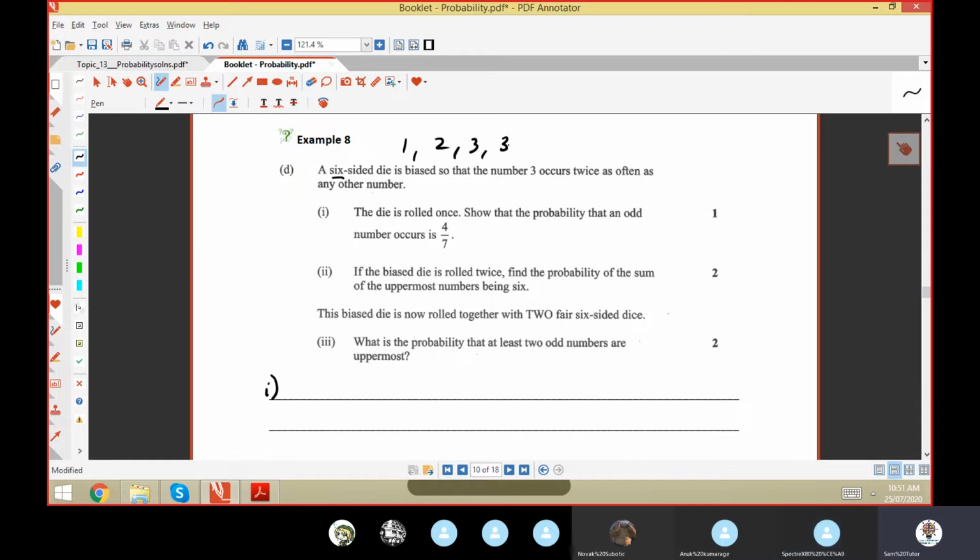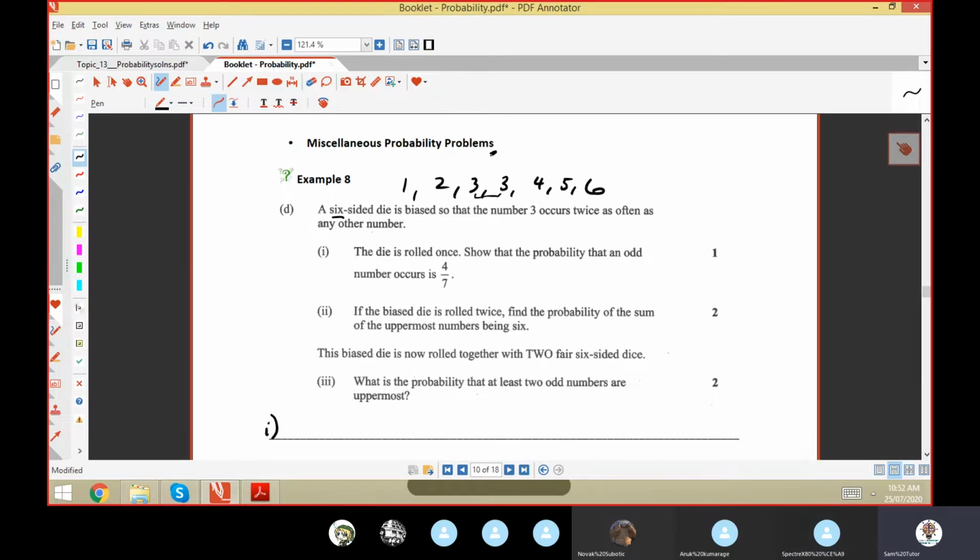Yeah. So think of it something like this. It's still 6-sided, but the fact that it's a bit more biased means the way you can think of it is that there are almost 7 numbers, and that these 3s occur twice as often, as you can see. So the probability of a 3 is 2 out of 7.